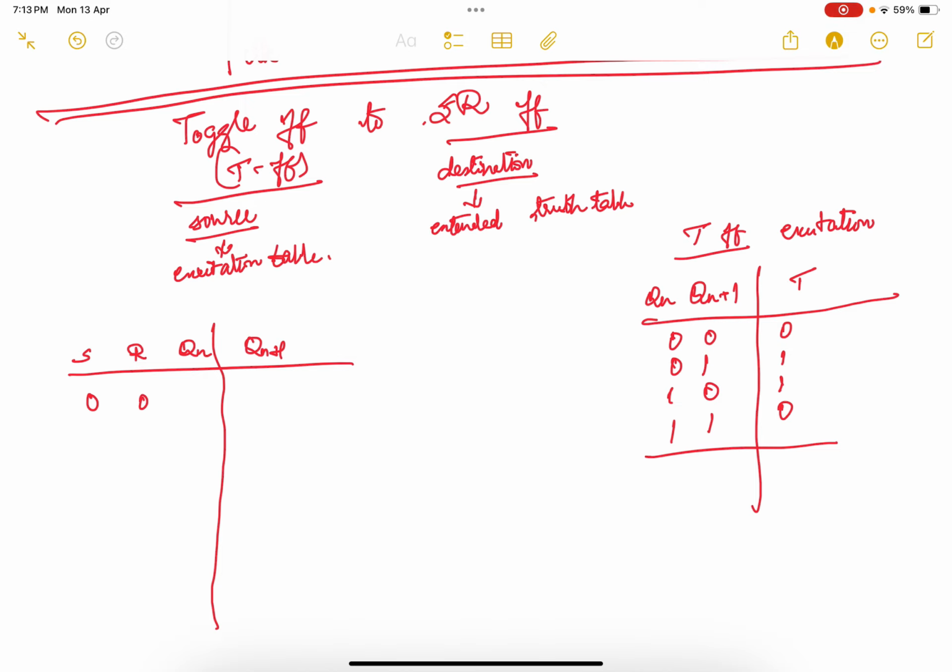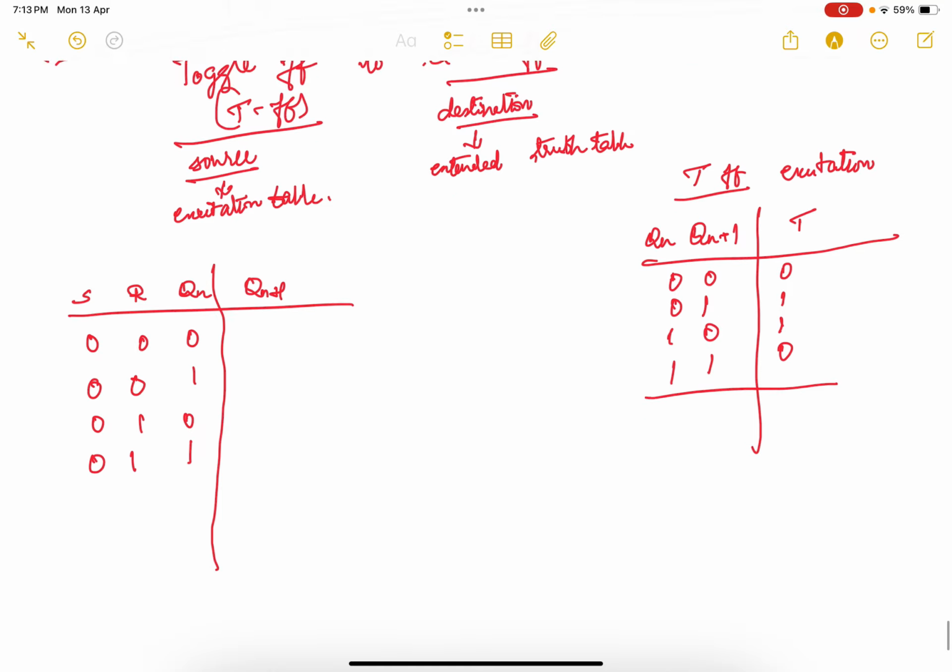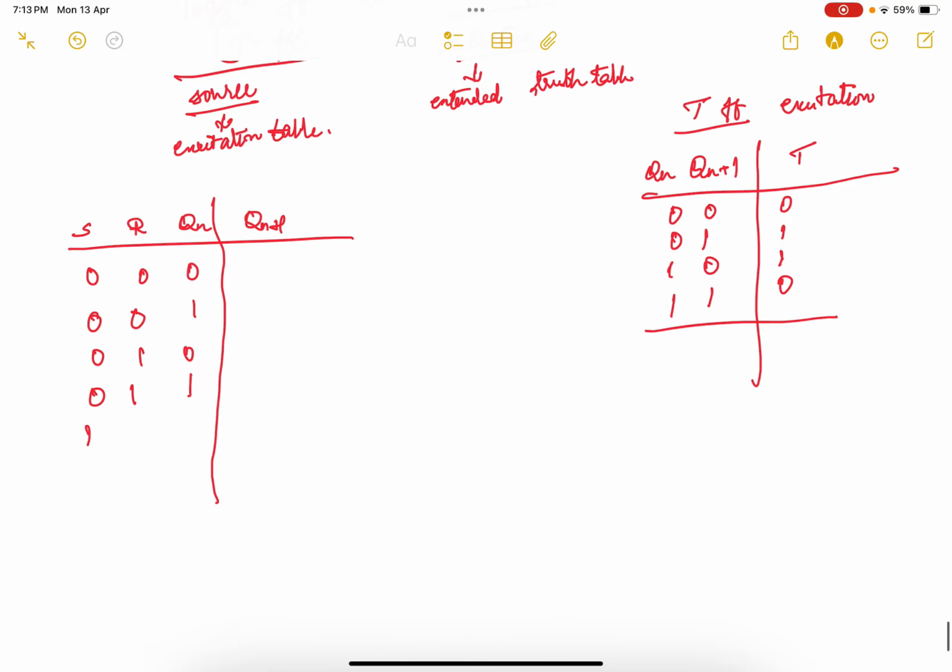Your SR can be 0 0 with present state 0 1, 0 1 with present state 0 or 1, 1 0 with present state 0 1, and 1 1 with present state 0 0.